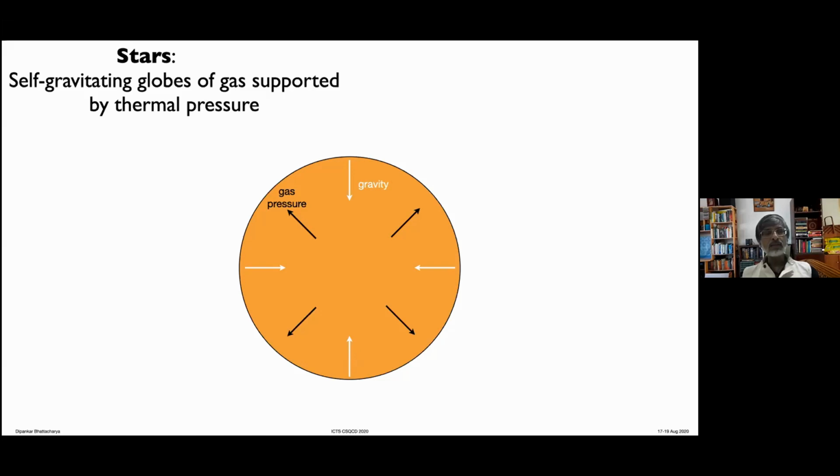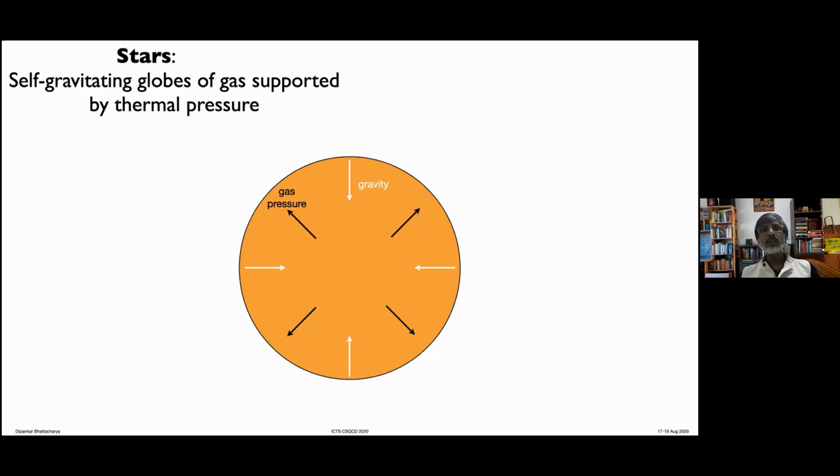There are fractions of other forms of pressure which also add to it. One is the pressure of radiation itself. When you have something hot, the gas is mixed with radiation, and the photons themselves exert a pressure. So that pressure plus the thermal pressure of gas is the primary source of support for the regular stars.